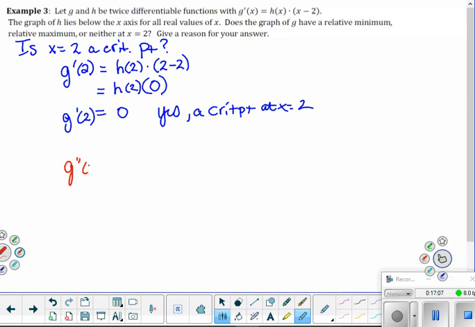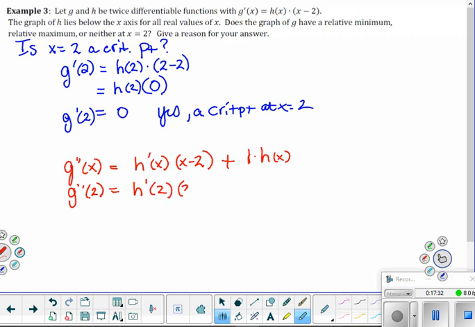Second derivative. I think I'll do x first because I've got to do a little bit of derivative work there, don't I? So I'm into product rule. That's going to be an h prime of x times x minus 2 plus derivative of x minus 2, which is a 1, times h of x. Now let's examine this at 2. Second derivative at 2. Oh, there we get that 2 minus 2, which is really a 0. And h of 2.